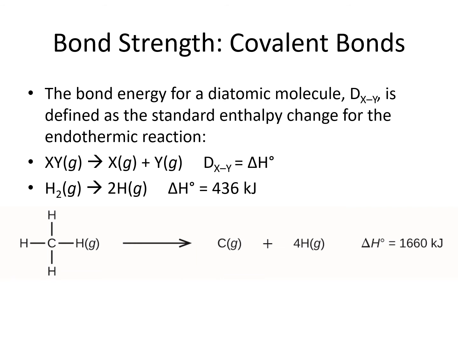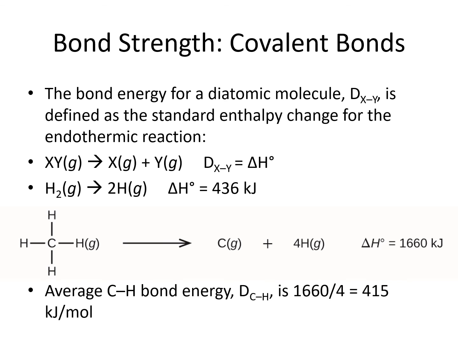We can also look at larger molecules like methane, which is CH4. If we were to break apart methane into individual atoms, we would have 4 bonds being broken. And the overall delta H for that reaction, where we take methane and break it apart into carbon and 4 hydrogens, is 1,660 kilojoules.